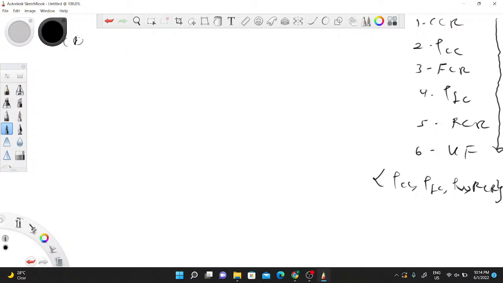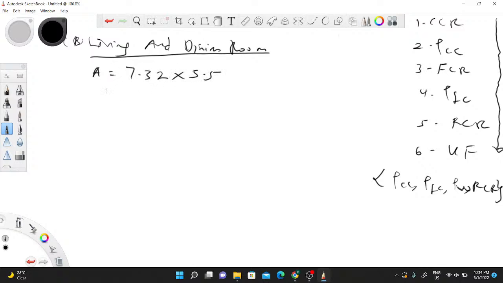So B, living and dining room. We'll check the dimension. The area for the living and dining room is 7.32 by 5.5.